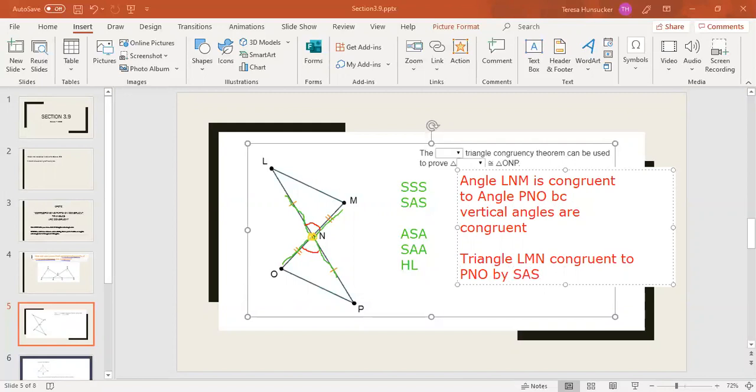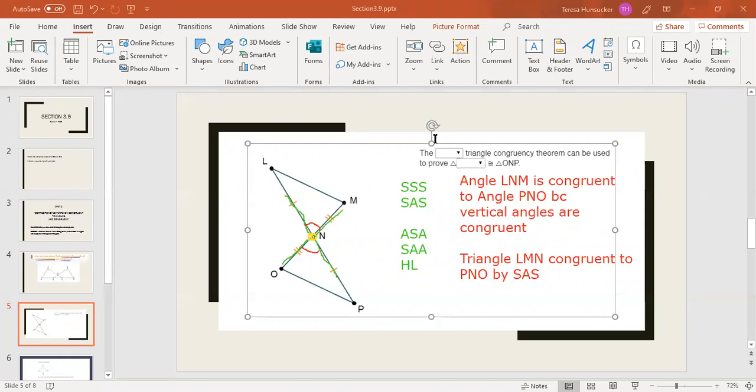Now notice the angles PNO and LNM are the included angles. What I mean by that is if you take sides LN and MN, the included angle is the angle formed by those two sides. It's in between the sides, the angle formed by congruent sides. So the side angle side congruency theorem proves the triangles congruent.